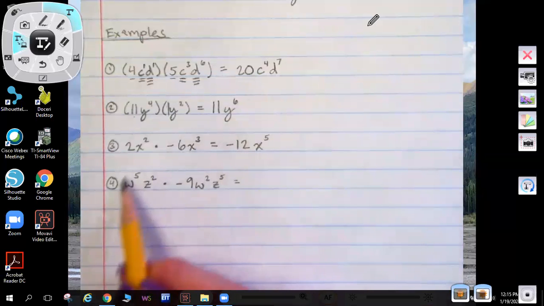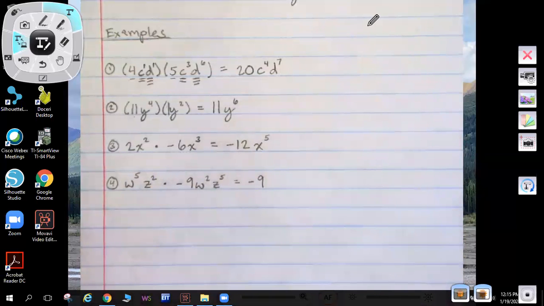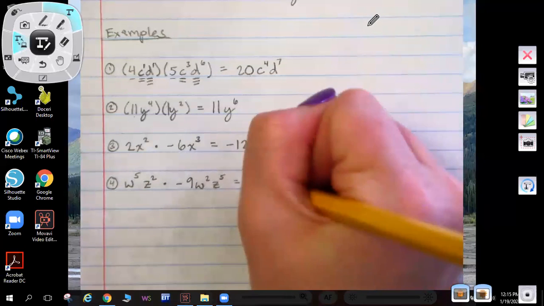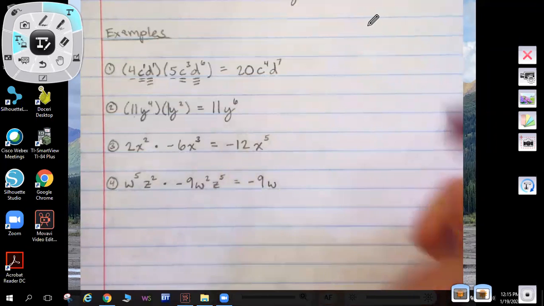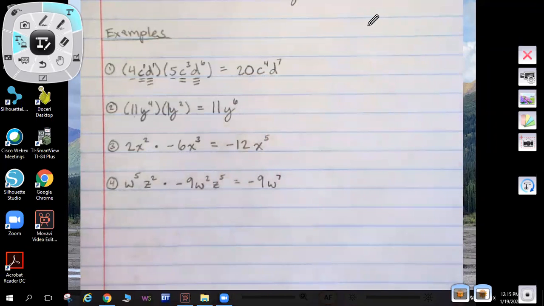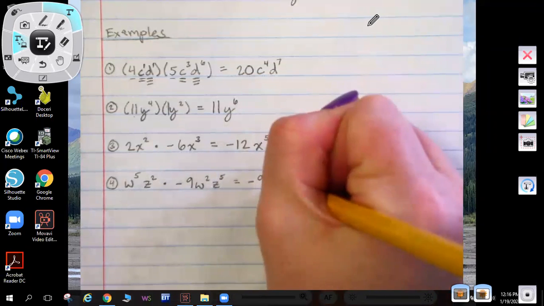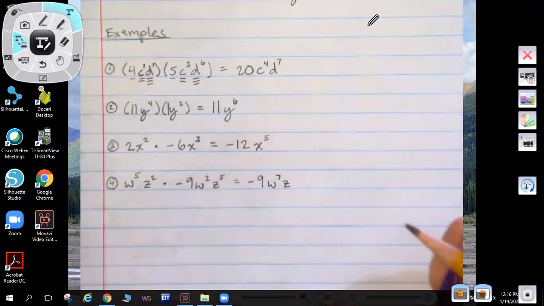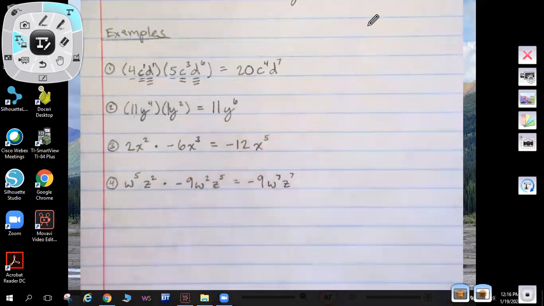The coefficient in our first monomial is just 1. So 1 times negative 9 is negative 9. w to the 5th times w squared. The base stays the same, and we add exponents. 5 plus 2 is 7. z squared times z to the 5th. The base of z stays the same, and we add exponents. 2 plus 5 is 7.